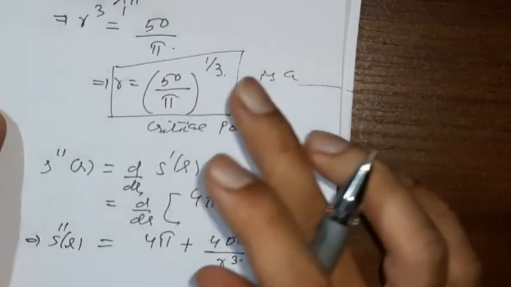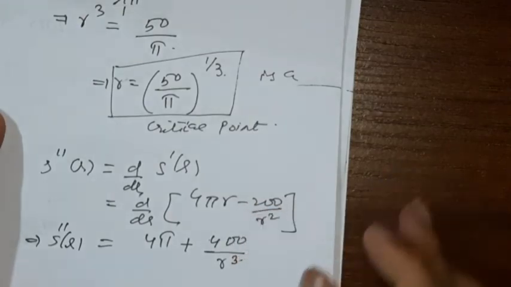Now we have to substitute the critical point in this function S double prime of R. So let us see what we will get.